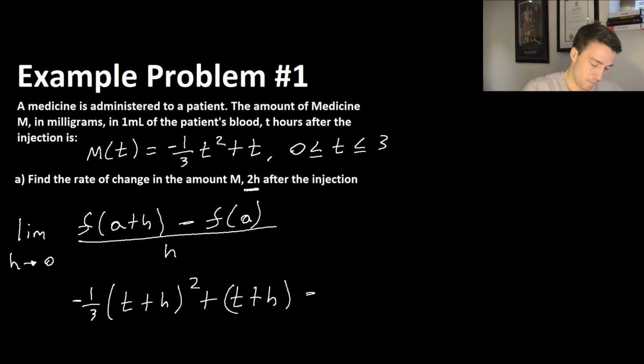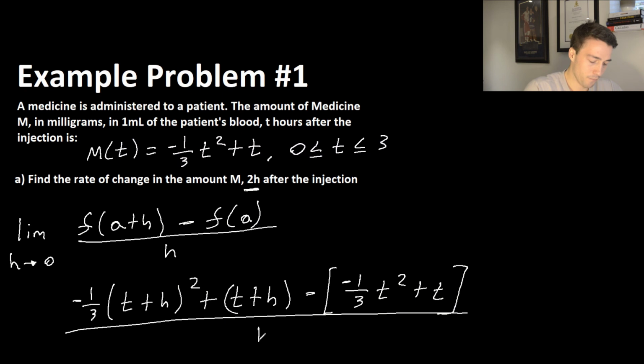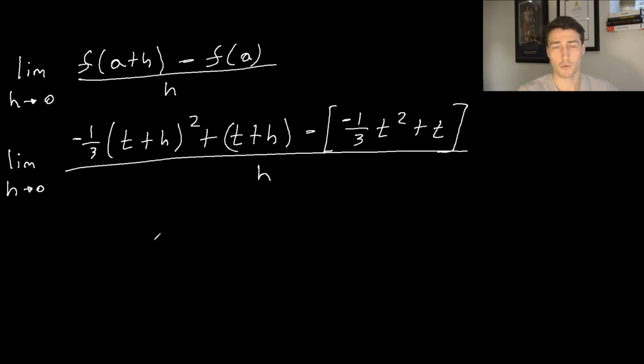I'll do big brackets so I don't forget to distribute the negative here. This will be minus t squared plus t, and then this is all over h, and of course we're taking the limit as h goes to 0. So what I'm going to do now is expand each of these brackets and expand this negative here.